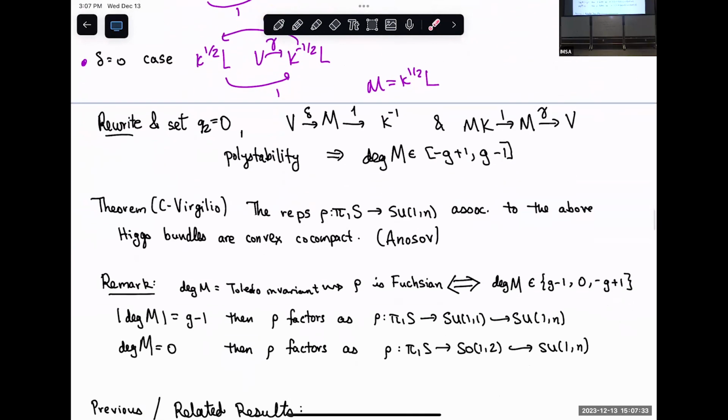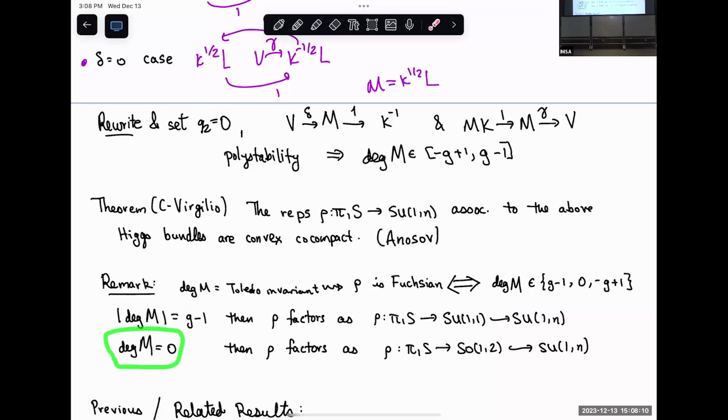Okay, some remarks. I said the degree of M was equal to the Toledo invariant. In particular, these representations are Fuchsian, meaning they factor through an SL2, a uniformization of the Riemann surface, if and only if the degree of M is g minus 1 in absolute value. This is the case which corresponds to maximal representations, or representations which factor through SU(1,1) put inside SU(1,n), a holomorphic disk in complex hyperbolic space. And so that's one example.